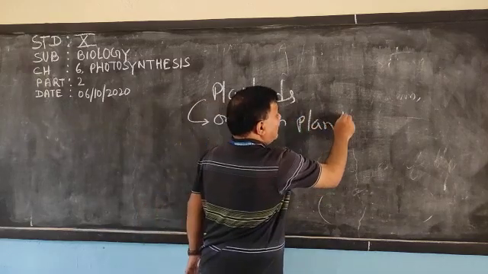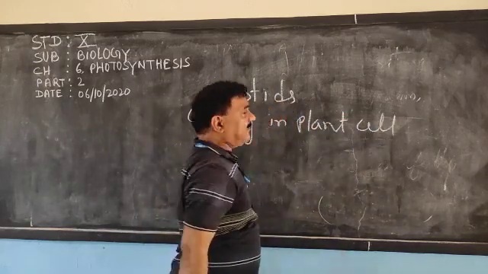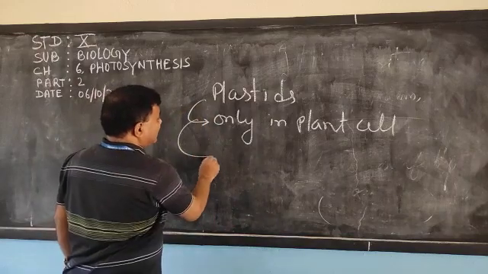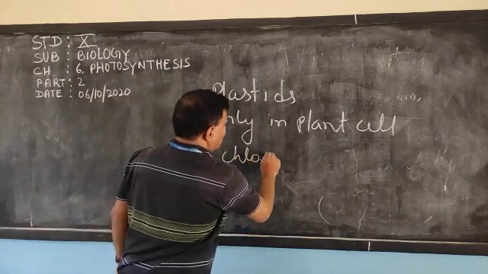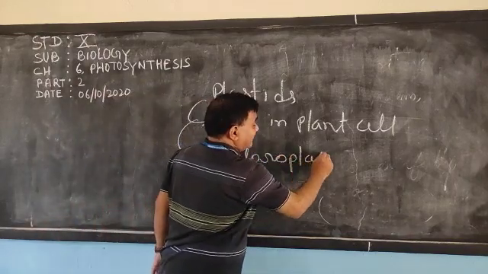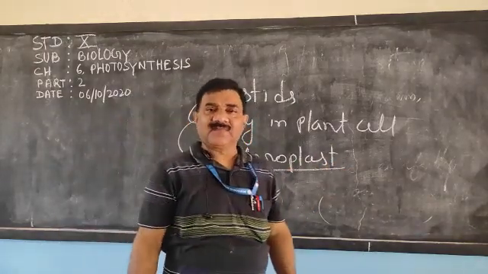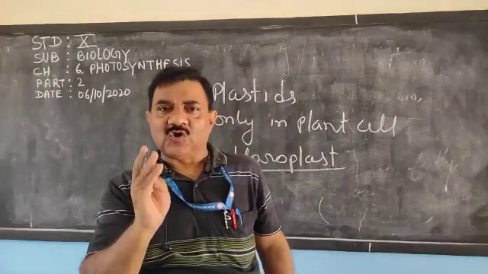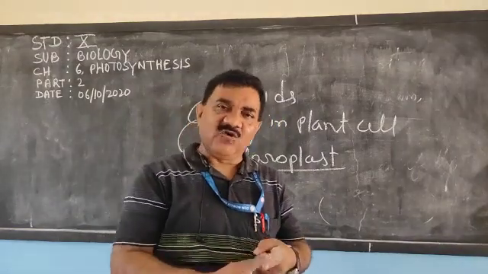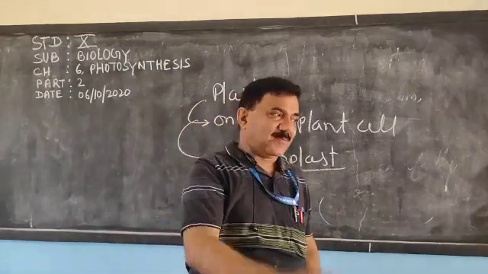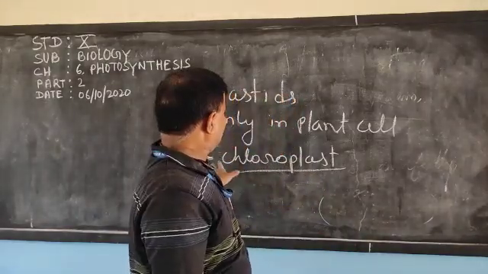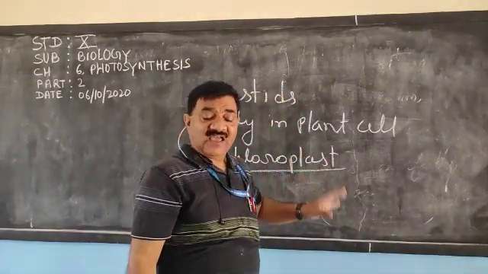One type of plastid which we have discussed is the chloroplast, which is green in color. I am not talking about chromoplast, neither am I going to discuss the leucoplast. I am going to discuss the chloroplast.